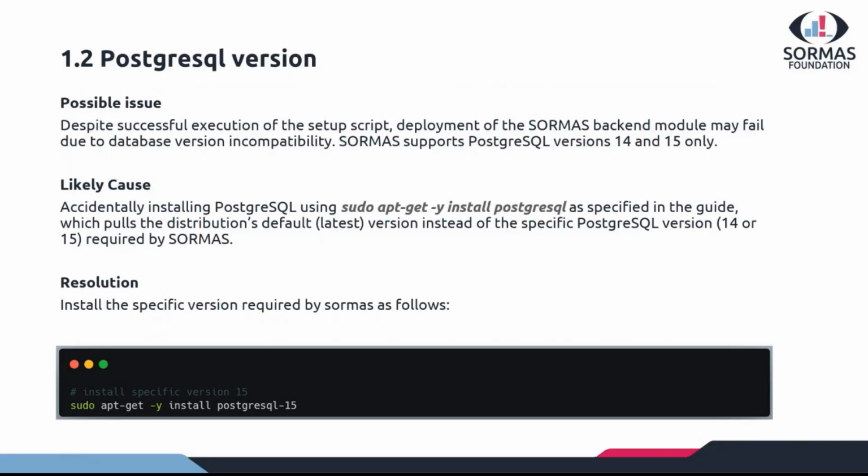So the setup script may properly set up the SORMAS schema and all that, but when you're now deploying, which is where the tables and every necessary migration is done, then you have this issue. The deployment fails or the upgrade fails.